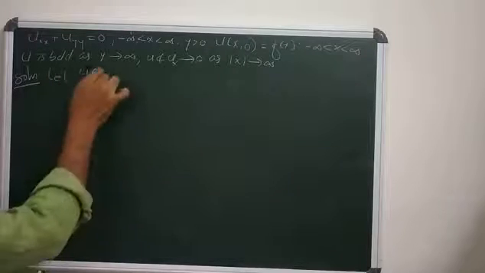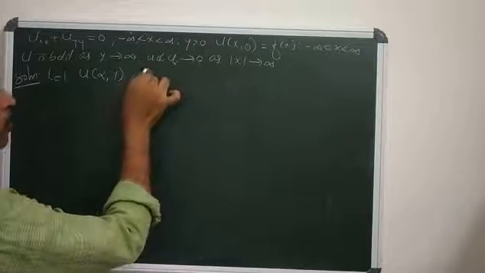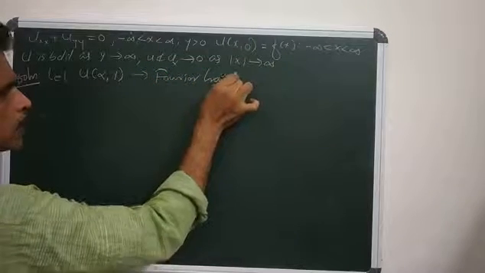u(alpha, y) be the Fourier transform of u(x, y). What is the Fourier transform? You are so familiar with it.